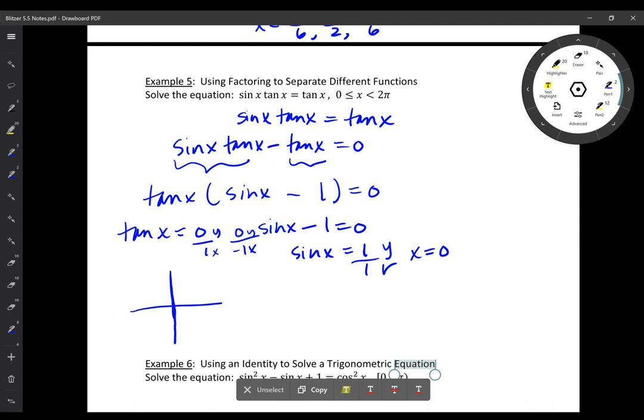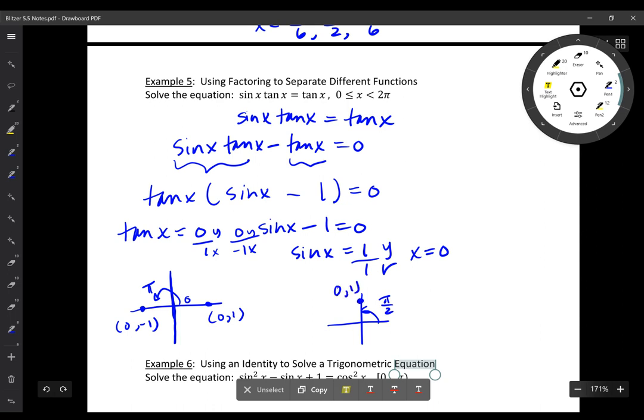So let's see. When y is 0 and x is 1, that would be right here, 1, 0, and then this would be a negative 1, 0, and that's going to be pi. And then over here for sine, when my sine is 1, that's going to be at pi over 2 again.